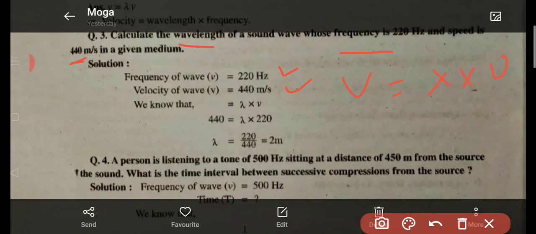Okay, we know the velocity and we know the frequency and we have to calculate lambda, and we put the value.